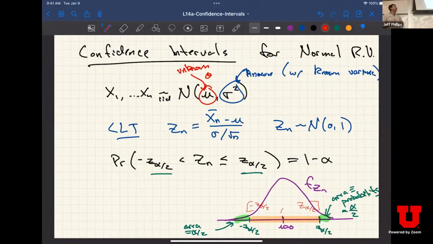Yeah, great. The area under the curve for that orange interval is 0.95. So 95% of the time, a standard normal random variable with mean 0 and variance 1 falls in this interval. If I know that my random variable is a standard normal, then I can pick these Z alpha over 2 values, which I can pre-calculate, and that gives me a confidence interval.